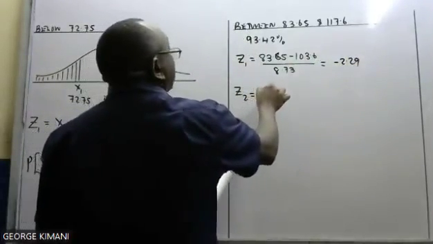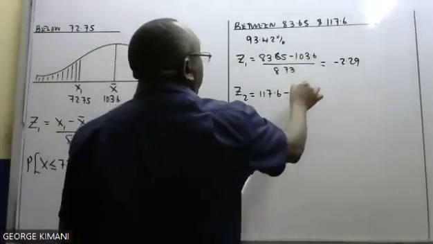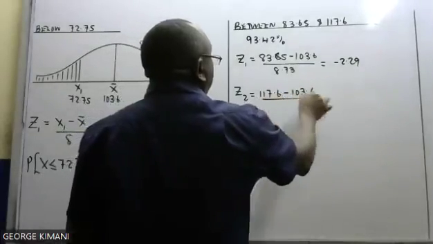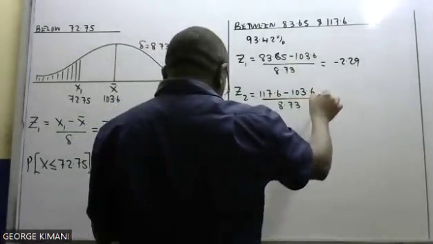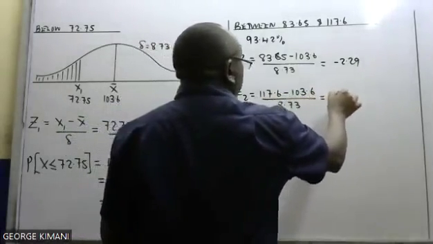Z2 is 117.6 minus 103.6, divide by 8.73, and that is 1.60.